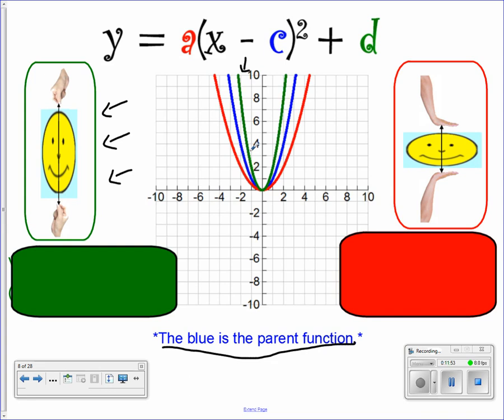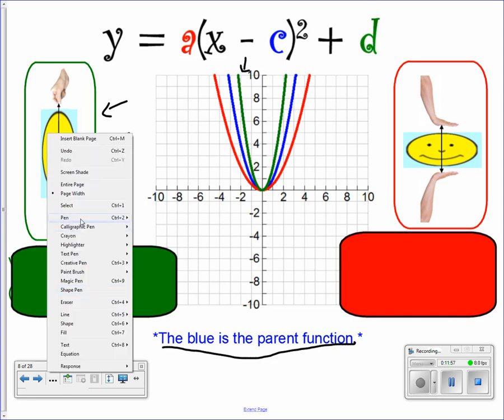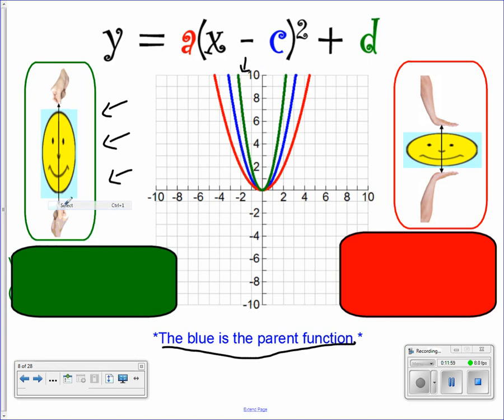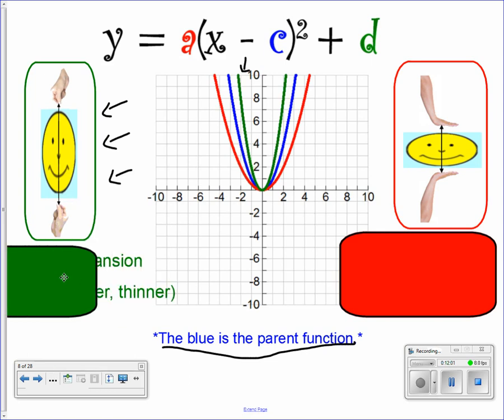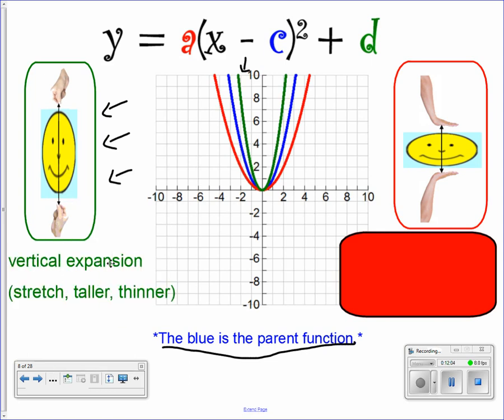I stretched it to make it taller and skinnier. A fancy way of saying that in math is a vertical expansion. It expanded vertically. It stretched vertically. It got taller and thinner.